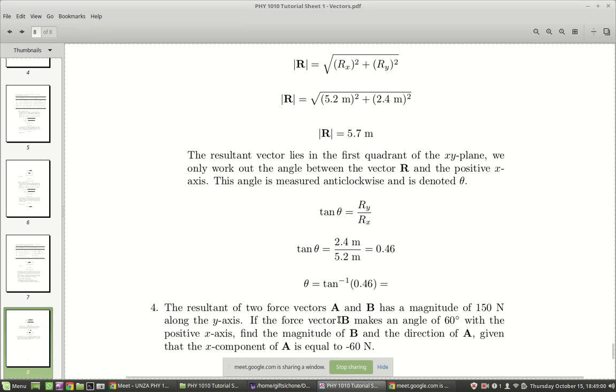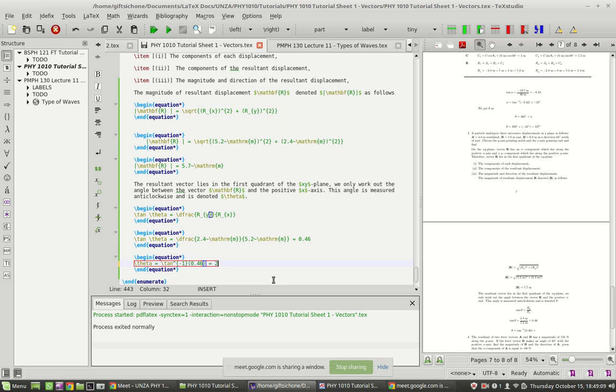How much is that? 24.8. Okay, so we get that as well.